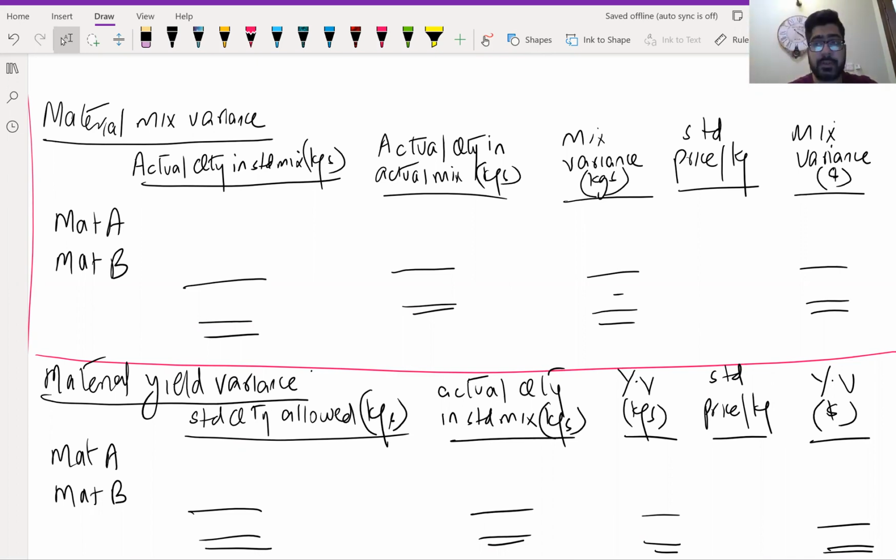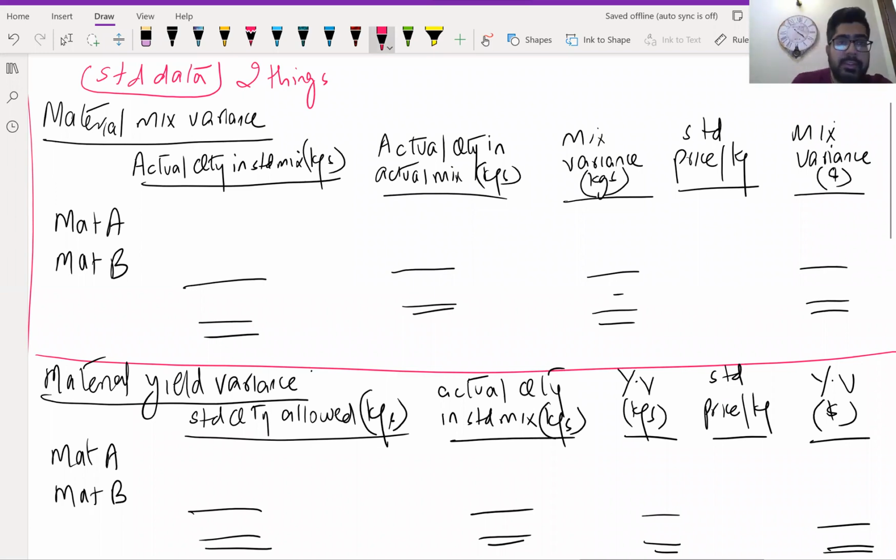Now, before starting this question, from the standard data, you must extract 2 things before starting the question.